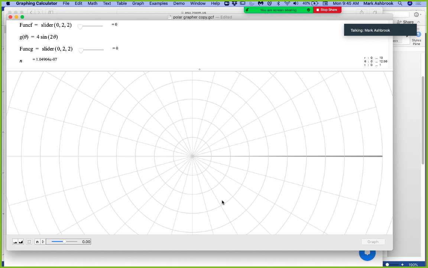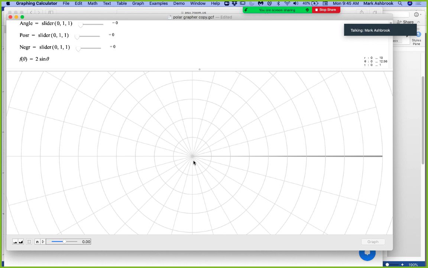Okay, so here, this is what we call the polar plane, and this point is called the pole. Okay, right at the center. In rectangular coordinates, that was called the origin, and so now this is called the pole.